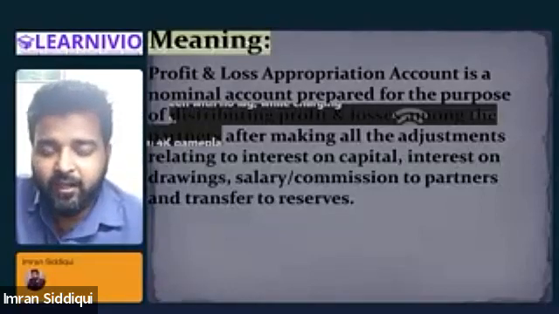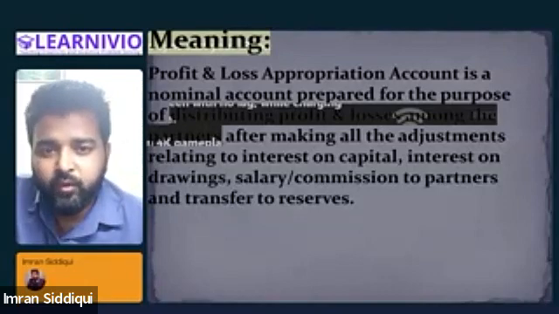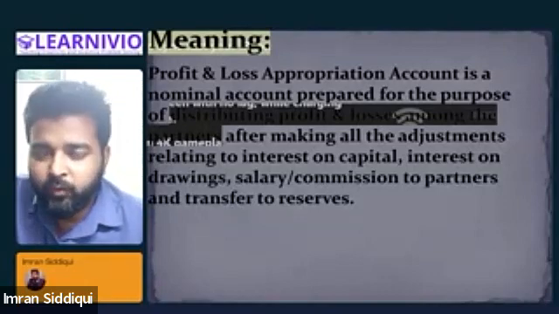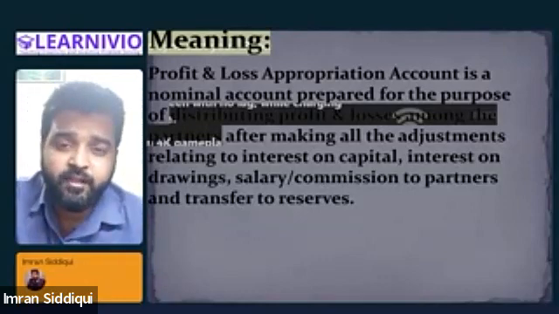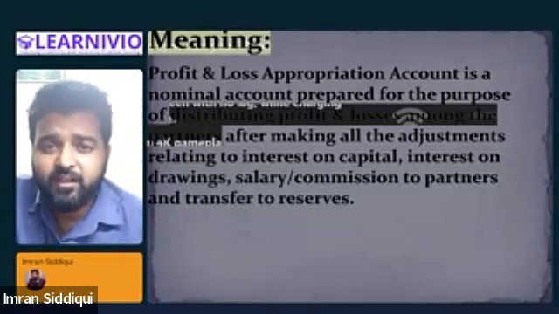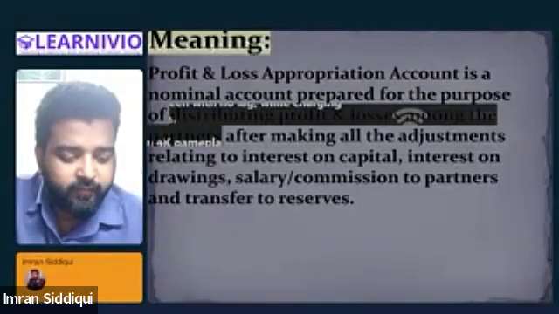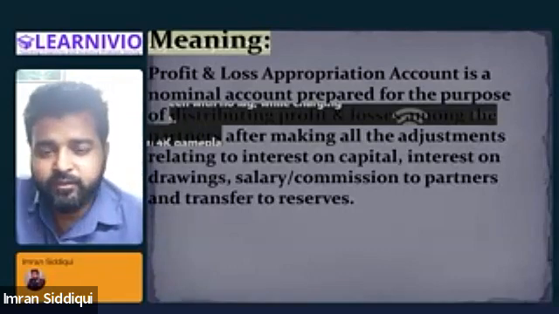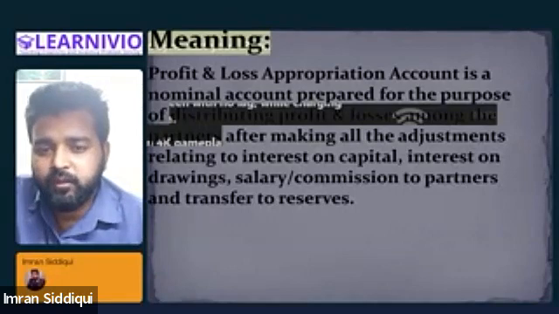Profit and loss account is a nominal account where we record all kinds of indirect expenses in relation to a business, like salary, commission, then rental expense, electricity. All kinds of indirect expenses will be recorded in the profit and loss account.